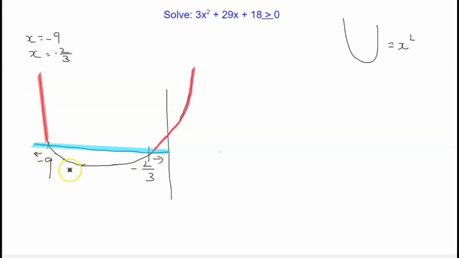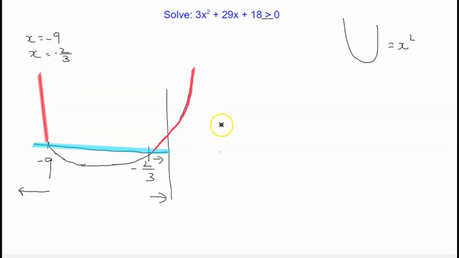Now to write this, we're trying to find the x values again for which this y would be greater than 0. And to write that, we just say when x is going in this direction, because that's how the line's going up like this, right? And when x is going in this direction from 2/3 and from -9, then this y would be greater than 0.